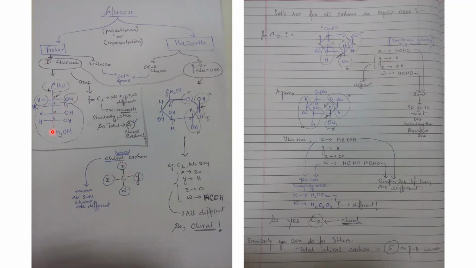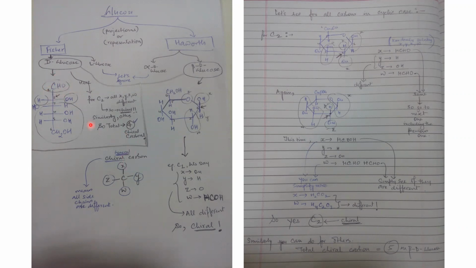For that, I've shown you here how you can easily calculate the chirality of D-glucose, because it's a straight chain. You can start from one side of the chain and go further to find out which particular carbon has 4 different bonds. For example, look at this carbon, which is carbon 2. I've circled the particular bonds.